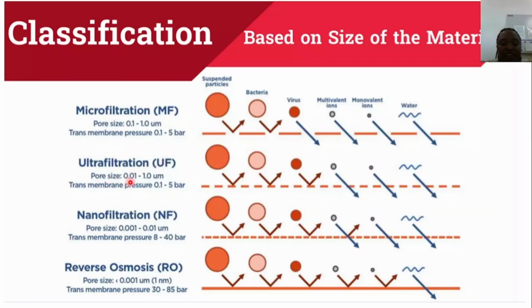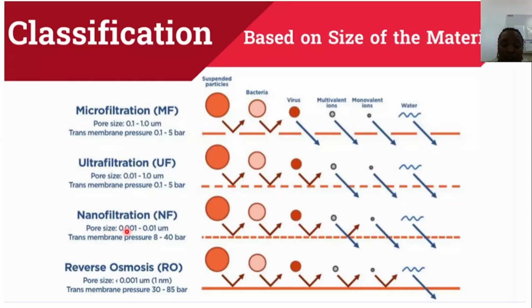Ultrafiltration, which has a slightly lower pore size of 0.01 to 1 micrometers, does not allow suspended particles, bacteria, or viruses to pass through, but it allows multivalent ions, monovalent ions, and water.